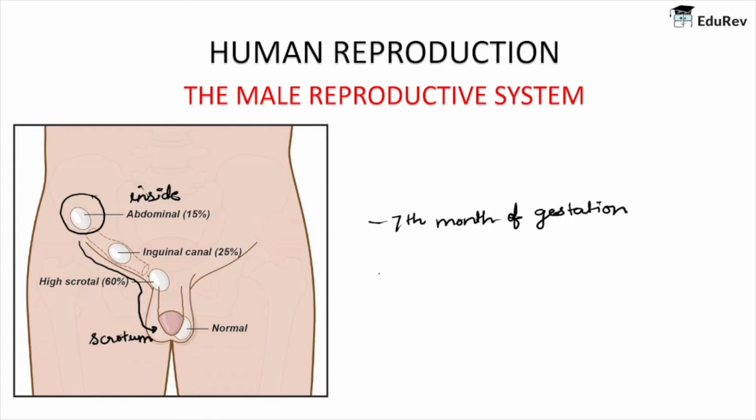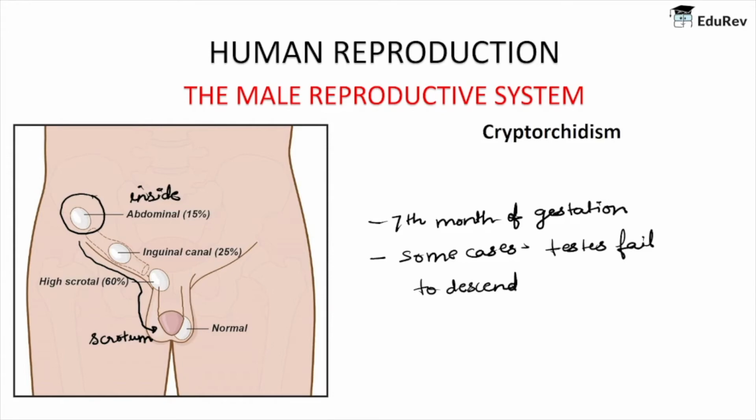But in some cases, the testes fail to descend into the scrotum, even after the birth of the male. This condition is known as cryptorchidism.